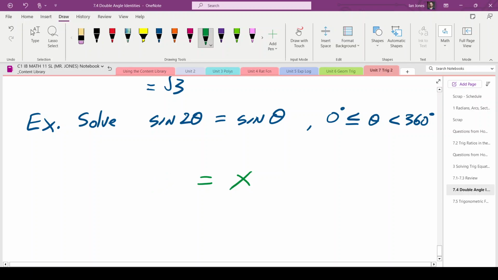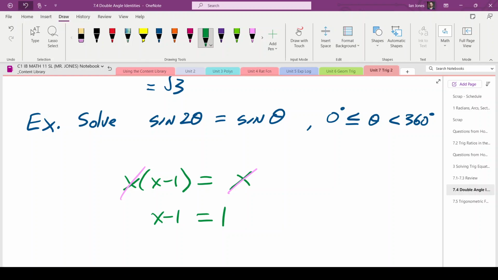Let's say x times x minus 1 equals x. If you're trying to solve for x there, you cannot divide both sides by x and say that therefore x minus 1 equals 1. You cannot do that. Okay?